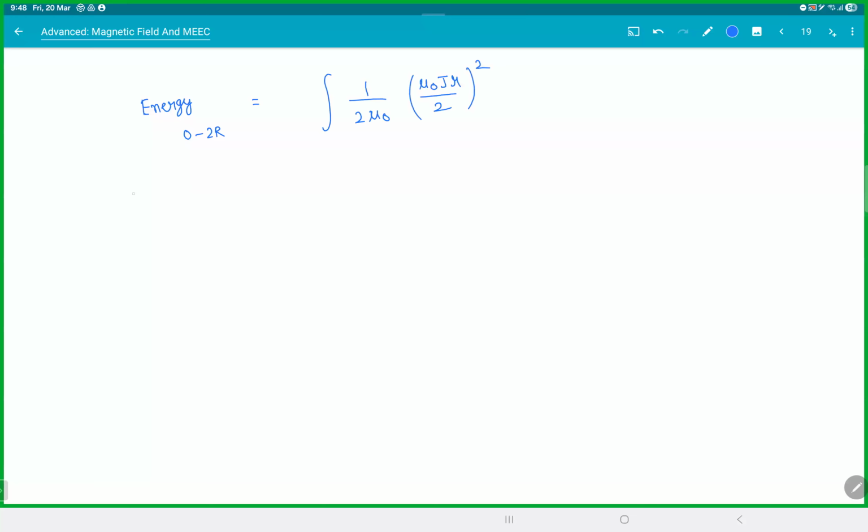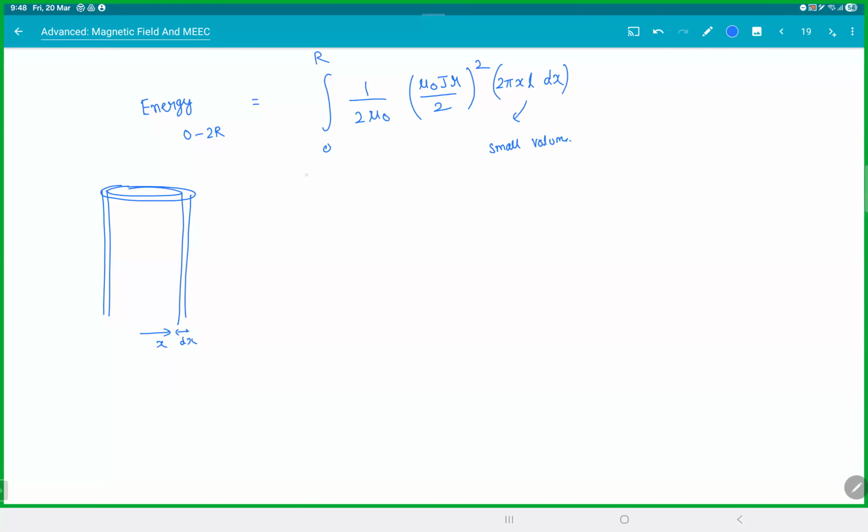So what is the volume here? You take very thin cylinders. At a distance x, you take a thin dx. So the volume of this will be 2 pi x L dx. The limits will go from 0 to R.